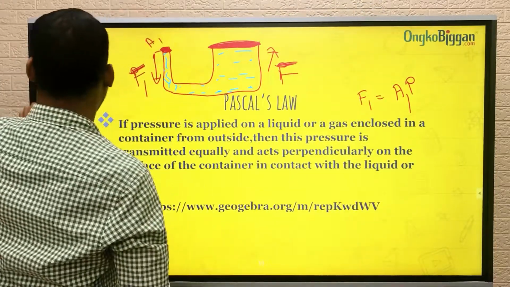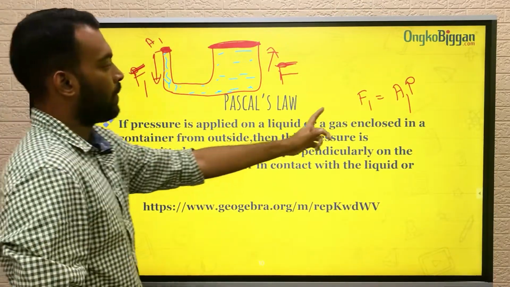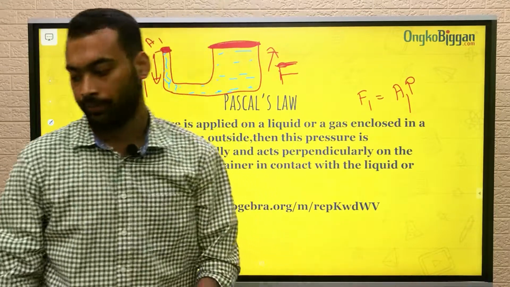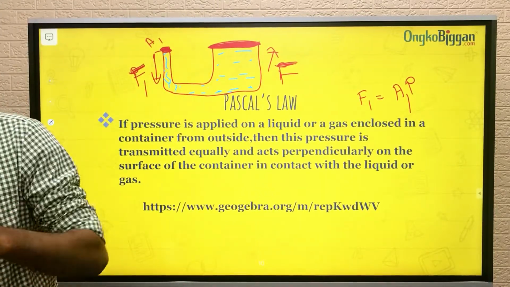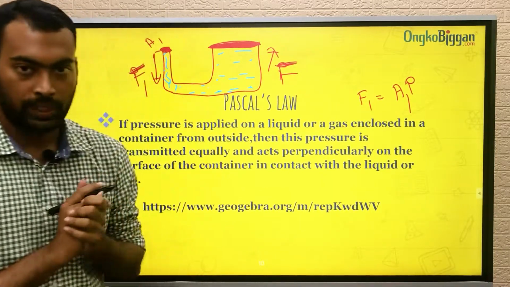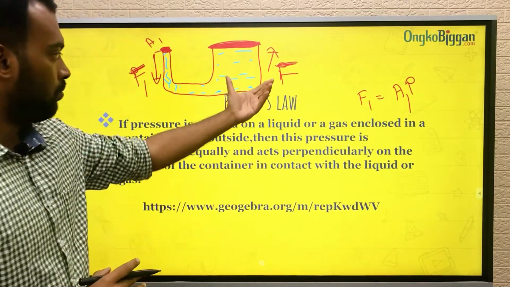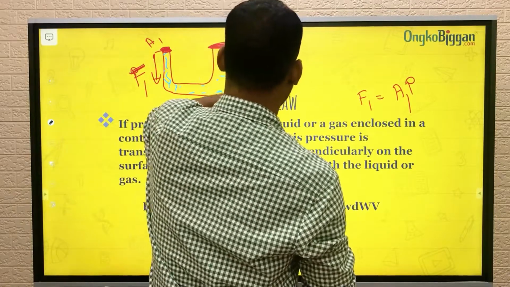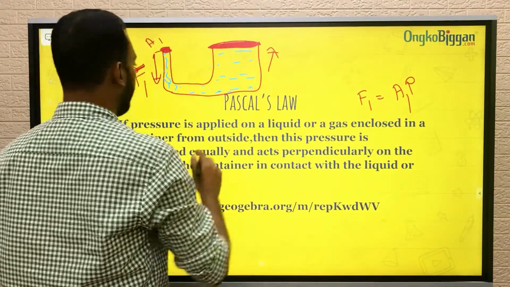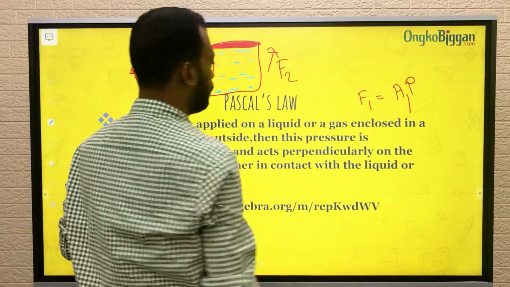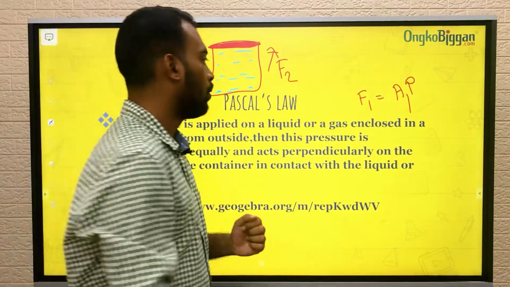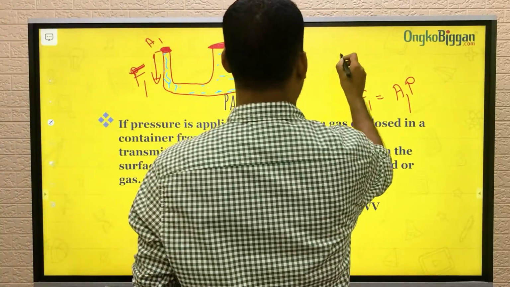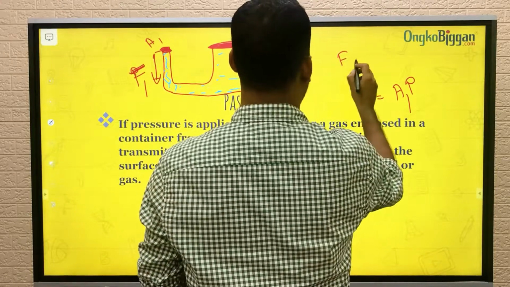So the force acting on this side of the container is A1 P. Now the force acting on the other side of the container is F2. What is the force on this side of the container?